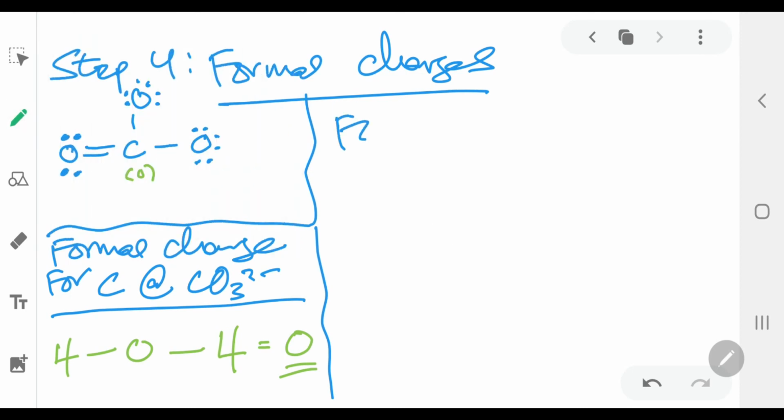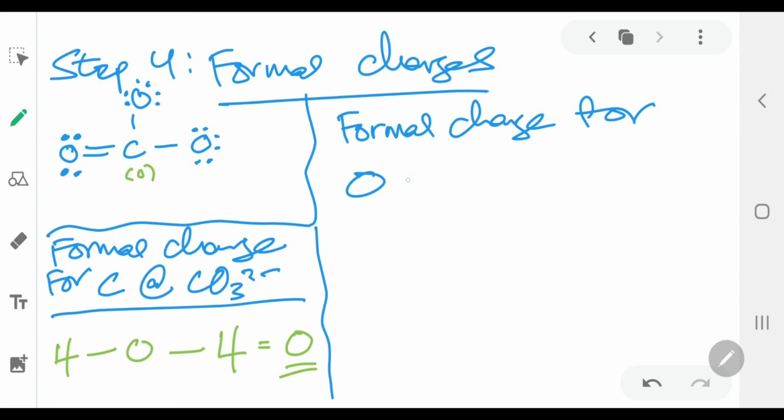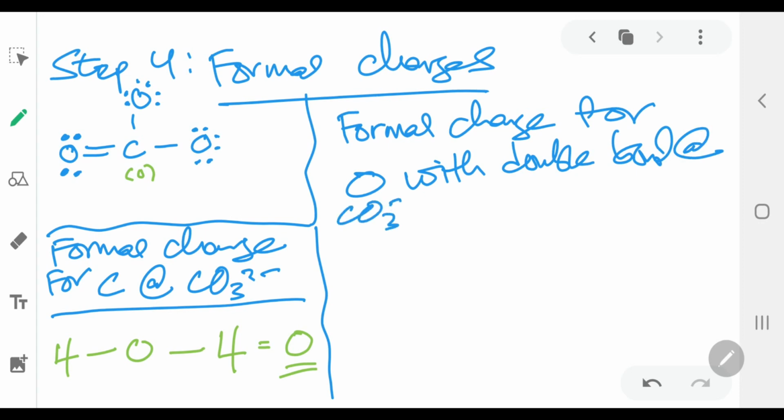So what about the formal charge for oxygen with double bond in CO32 minus?